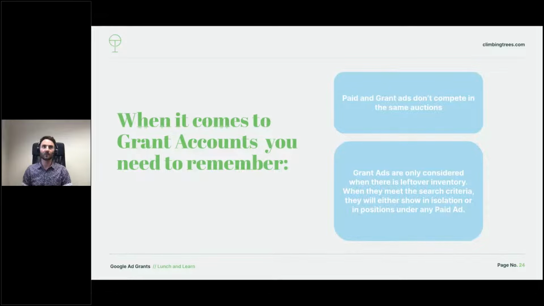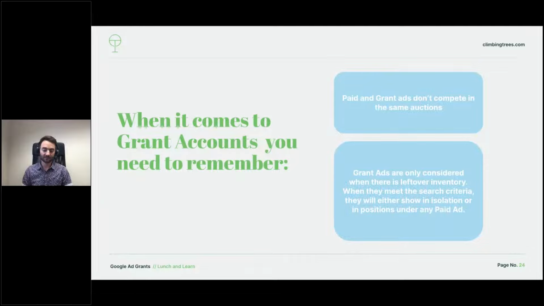So what you'll find there is that your ads will perform much better in a grants account when you're not bidding on terms with commercial intent. So you'll be able to better achieve volume by using keywords that have broader, more informational intent, people searching questions and that sort of thing. Yeah, it's always worthwhile to remember.